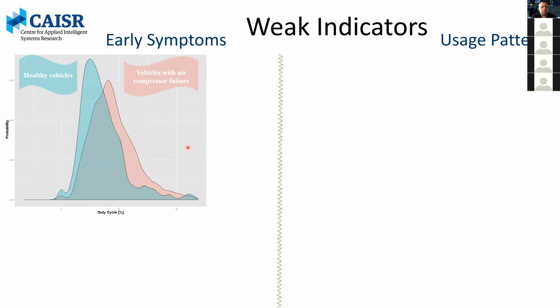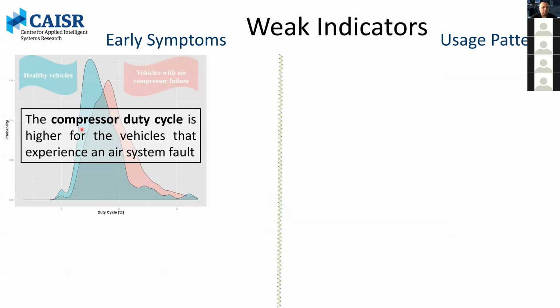Early symptoms are an example of certain patterns of degradation that you start seeing. Here you have an example: the blue plot shows the distribution of compressor duty cycle for vehicles without air system faults, and the red one for vehicles with compressor failures.